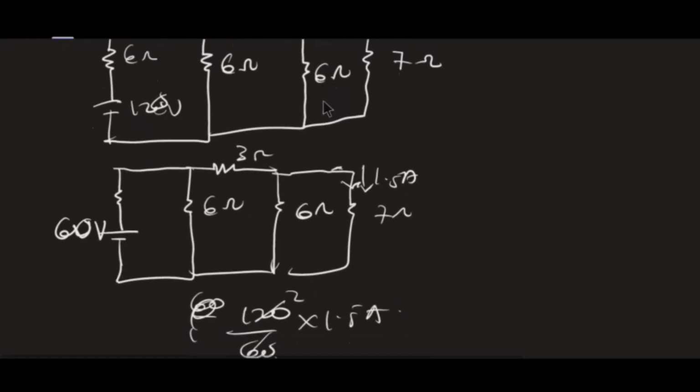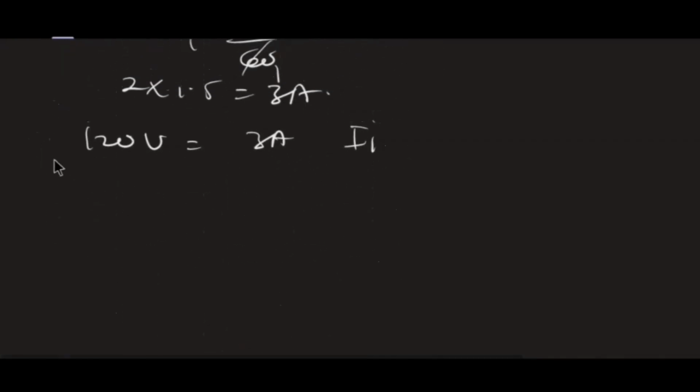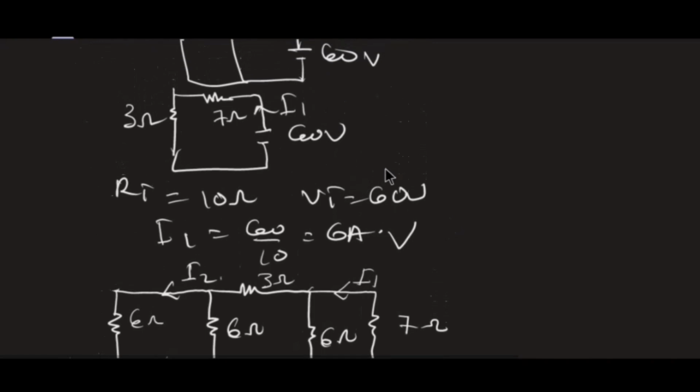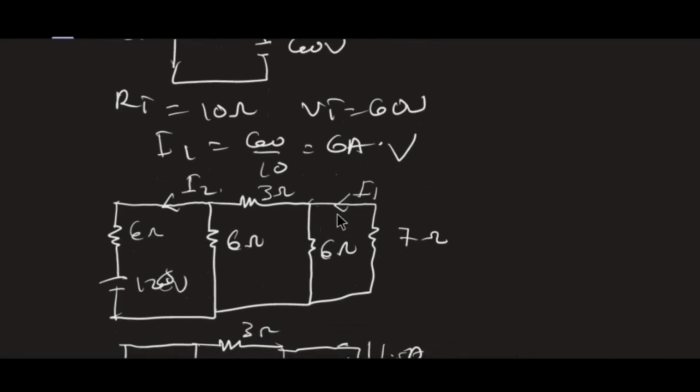Is this side. So you can see that I1 has two parts. The one by the 60 volts. So I1 by 60 volts moving up was 6 amperes from the initial question.